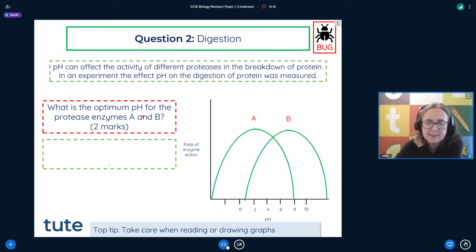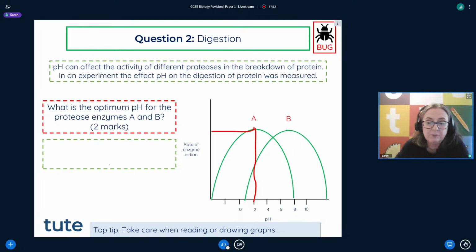So what they're asking here is what is the optimum pH for the protease enzymes A and B? And to figure that out, you need to see where they are working best. And the y-axis will tell you that because where they peak is where they are working best. And you can see here that A is peaking here, and all you do is drop a line down to the x-axis to find out the pH at which that enzyme A is working best.